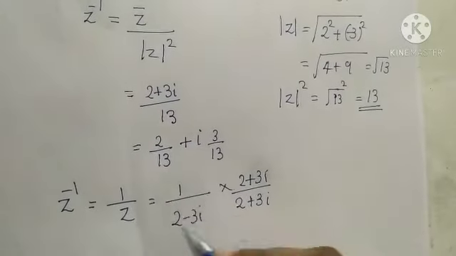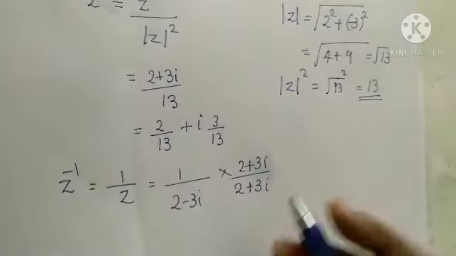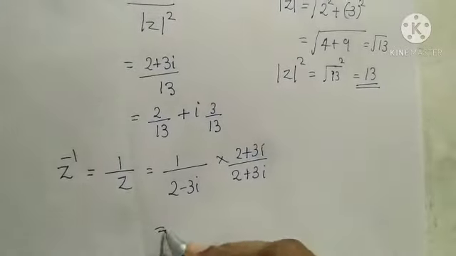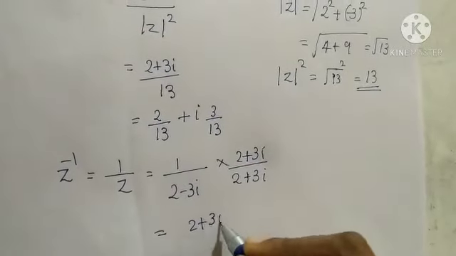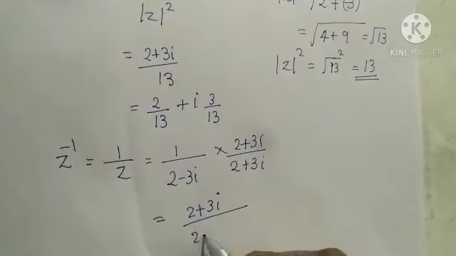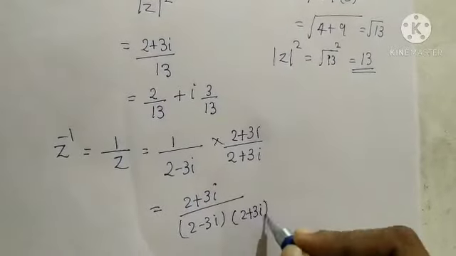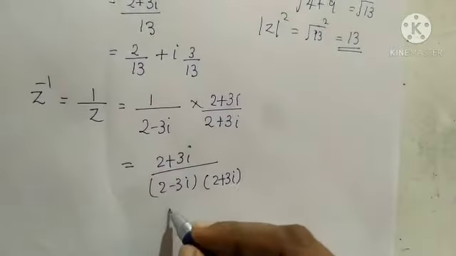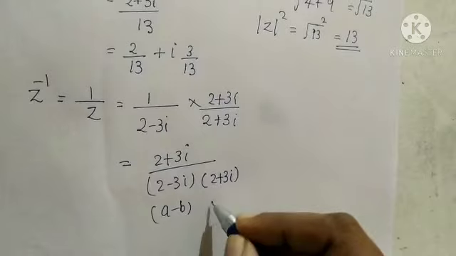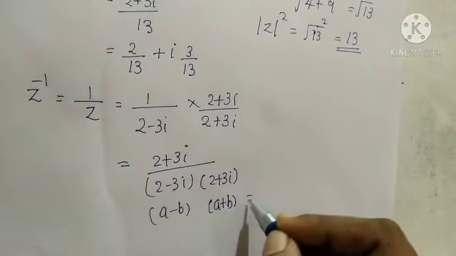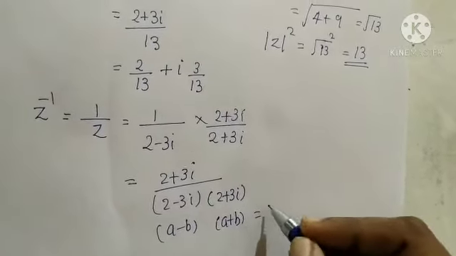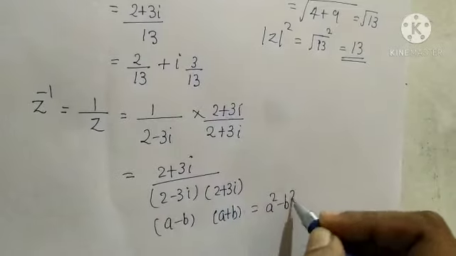It will equal 2 plus 3i divided by 2 minus 3i into 2 plus 3i, and this is in the form of a minus b into a plus b, and we know the identity a minus b into a plus b is a square minus b square, right?